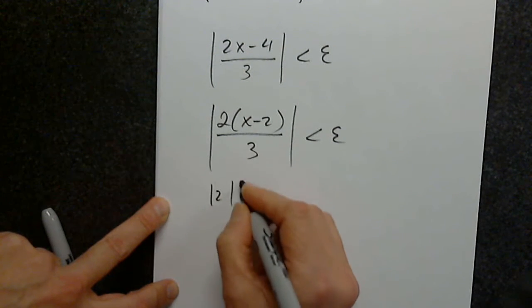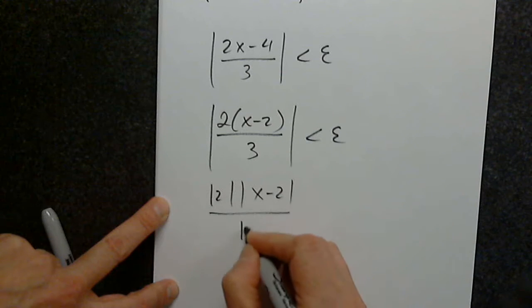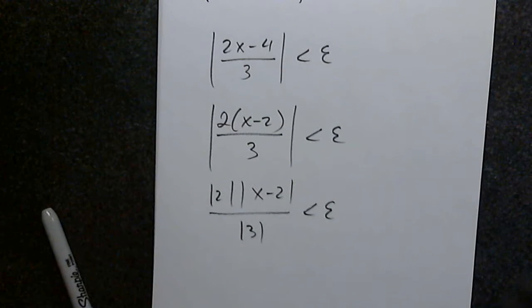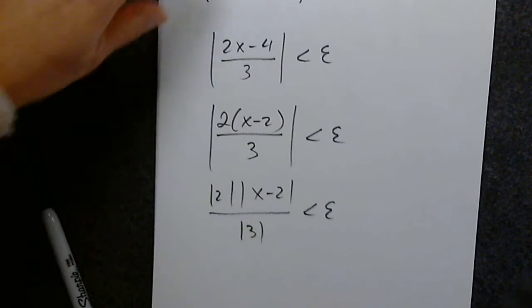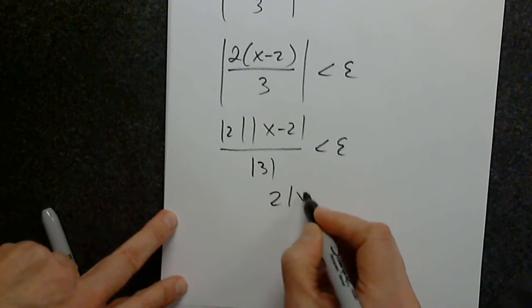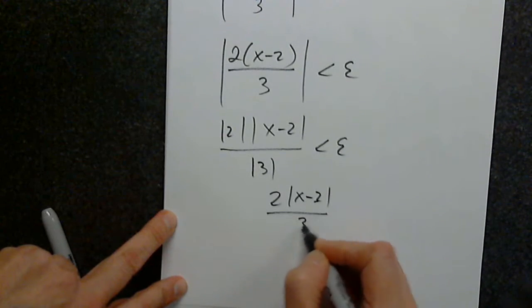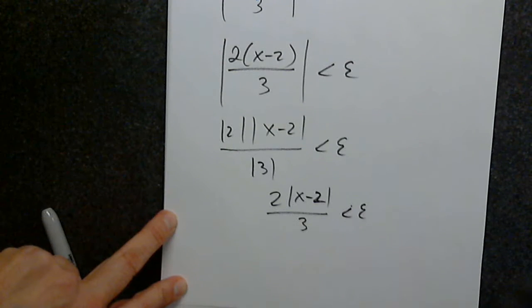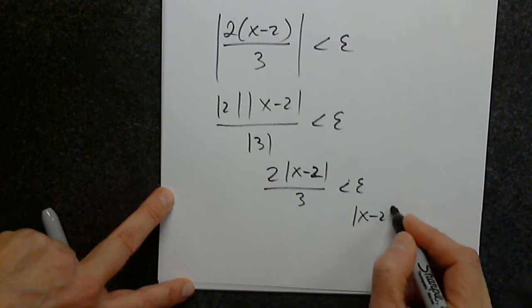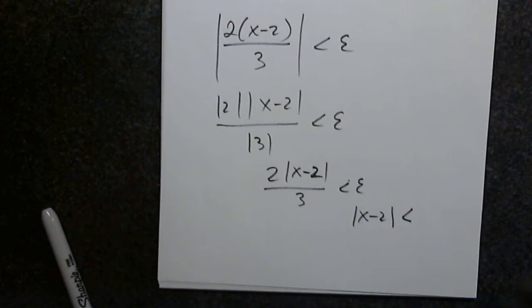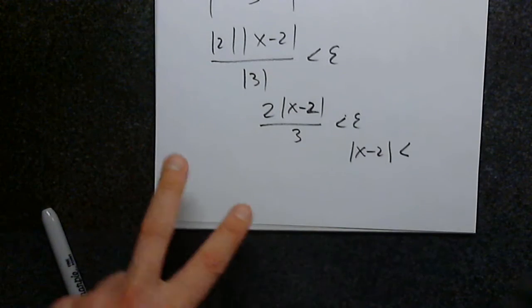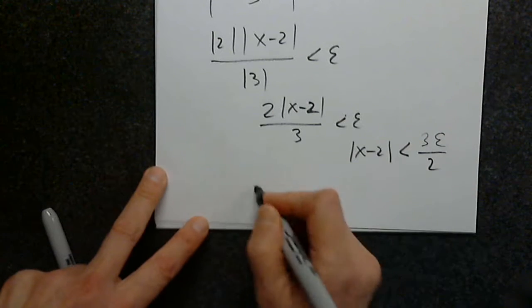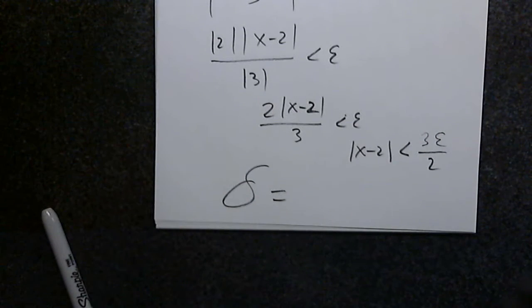So then the absolute value of 2, the absolute value of x minus 2, over 3 less than epsilon. Excellent. So therefore, the absolute value of x minus 2 will be definitely less than 3 epsilon over 2. So then delta must be 3 epsilon over 2.